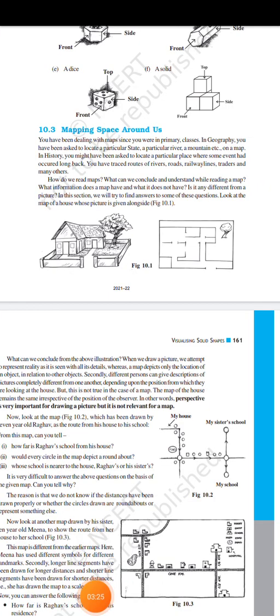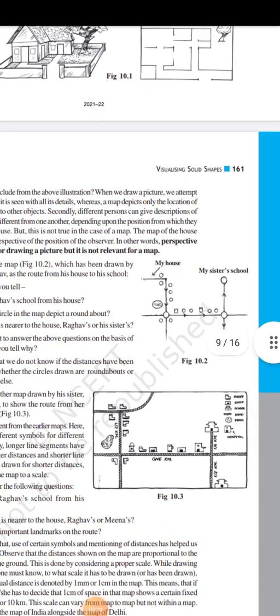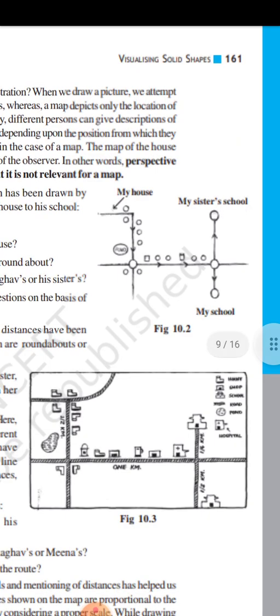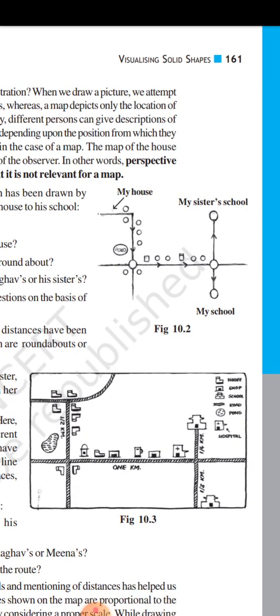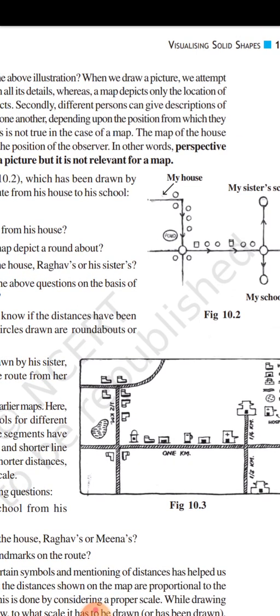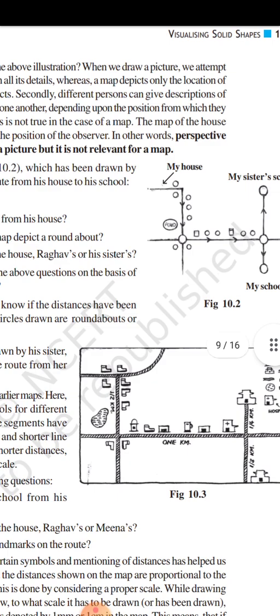Next, we are moving on to mapping the space around us. By looking at this figure 10.2, we are not able to answer the questions on the side. The questions are: how far is Raghav's school from his house? Would every circle in the map depict a roundabout? Whose school is nearer to the house, Raghav's or his sister's?